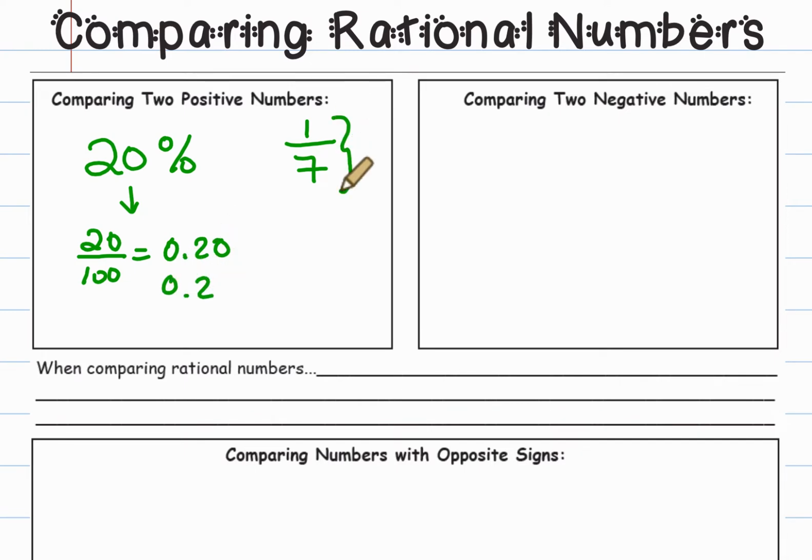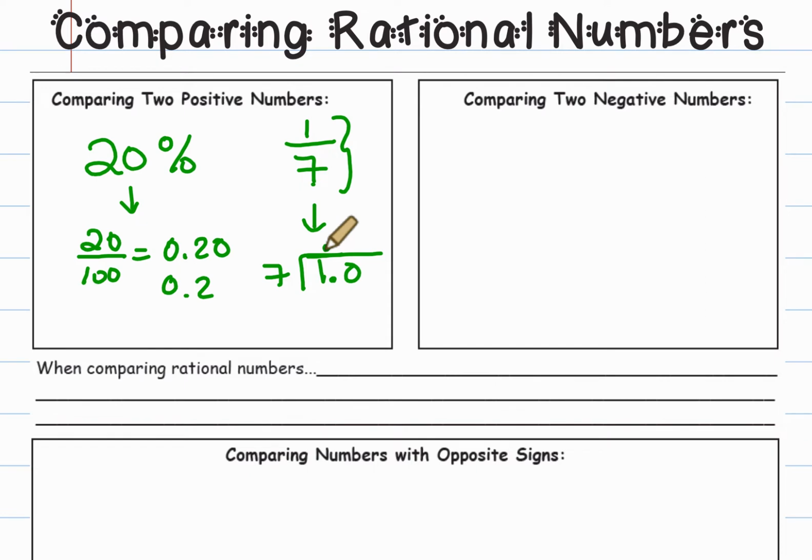To make a fraction into a decimal, I need it to have a denominator that's a multiple of 10: 10, 100, 1,000, etc. But 7 doesn't go into those numbers. So the other way to do it is to use division, remembering that the numerator is our dividend and the denominator is our divisor. We would do long division.